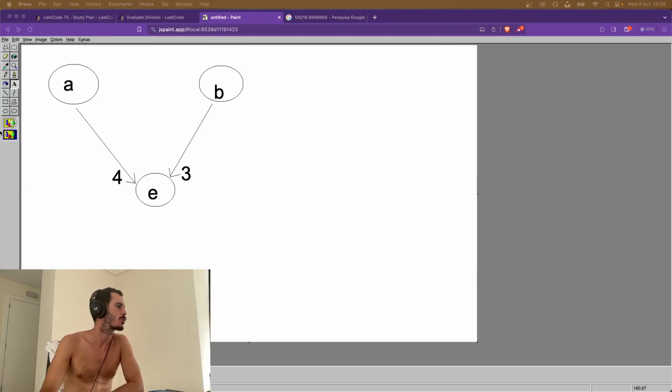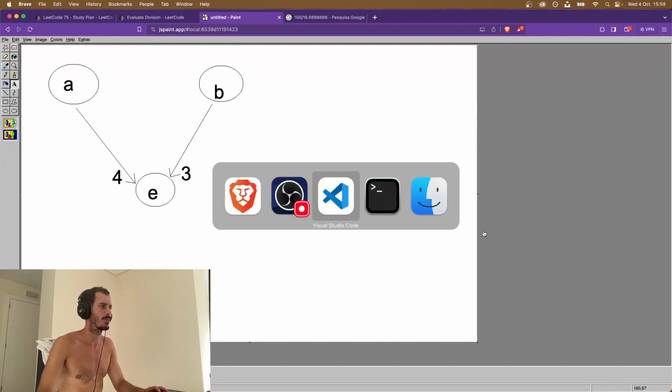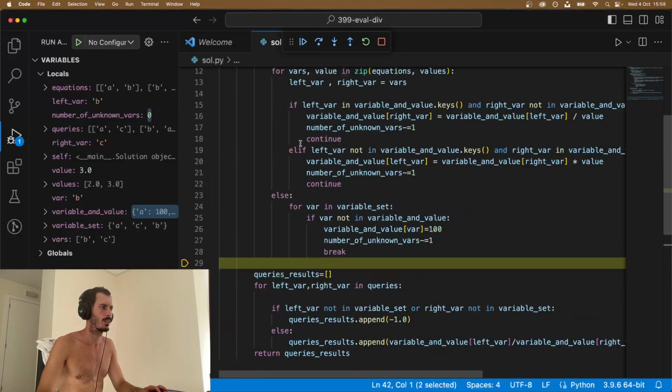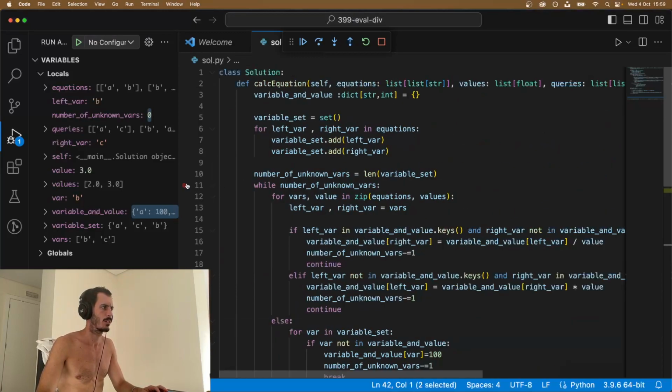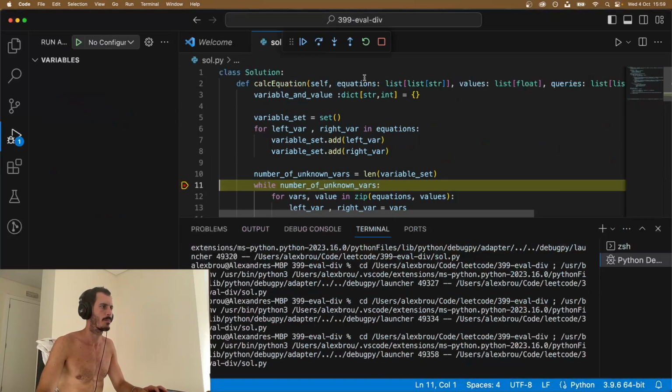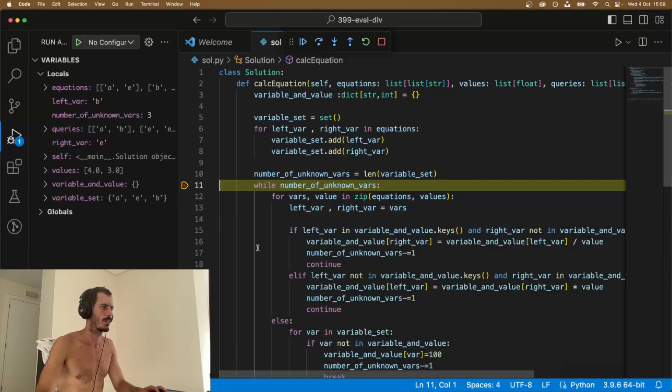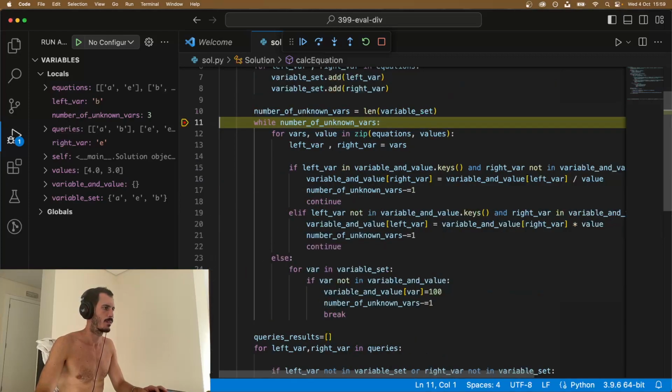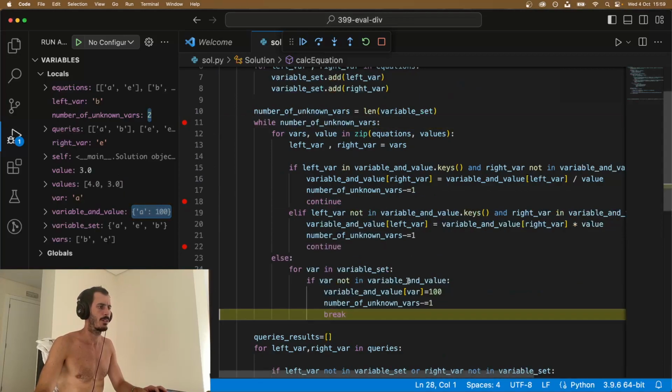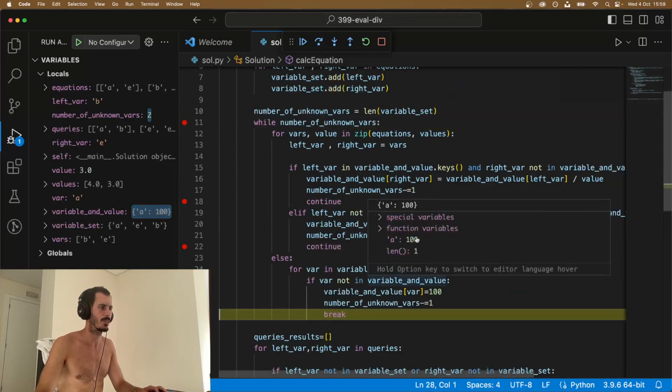Okay, it's drawn. So what is the result for this? Let me see what happens when I run the code. So yeah, variables and value of A is 100.